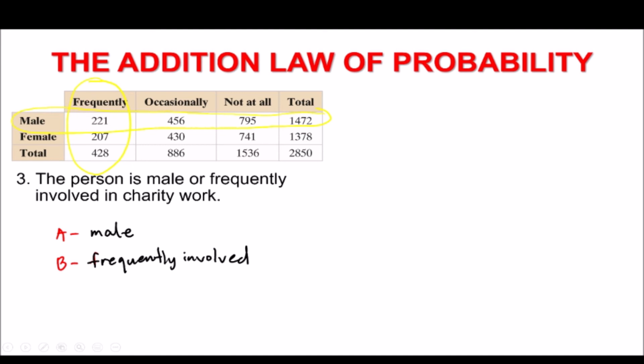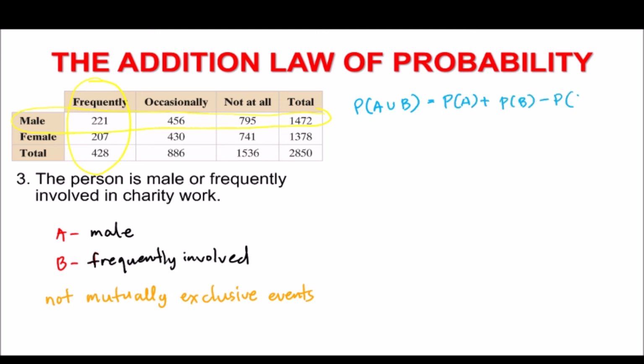So since the two events can happen at the same time, they are not mutually exclusive events. So using the formula for not mutually exclusive events, probability of A or B, the union, equals probability of A plus probability of B minus the probability of A intersection with B.